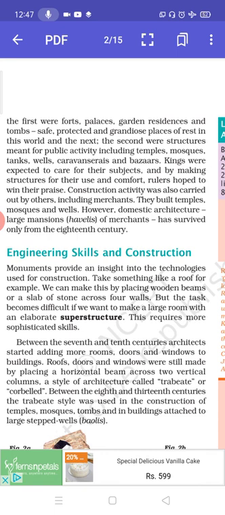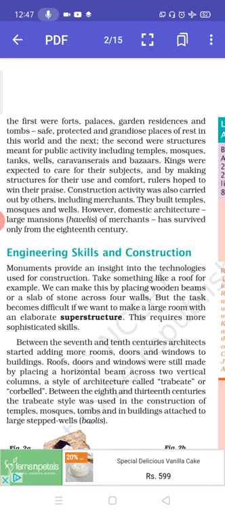The second were structures meant for public activity, including temples, mosques, tanks, wells, caravanserais, and bazaars. So there were two types of buildings constructed. One set was of palaces, garden residences, and tombs, and the other included mosques, temples, tanks, etc.